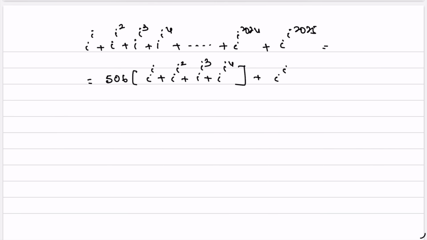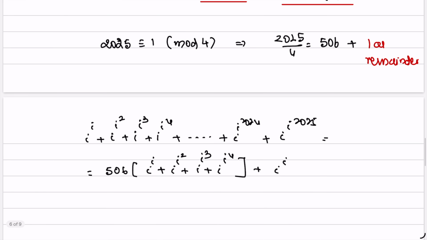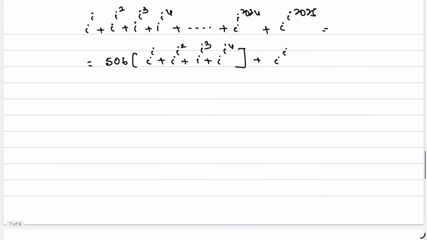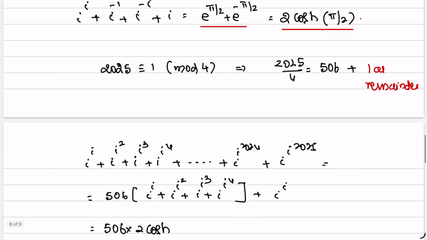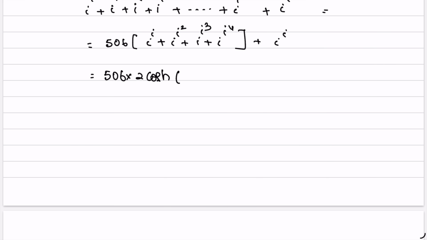Because 2025 is equivalent to 1 mod 4, this is 506 into this plus 1 i to the power of i. Then this will be 506 into 2 cos hyperbolic pi by 2, plus i to the power of i is nothing but e to the power of minus pi by 2.